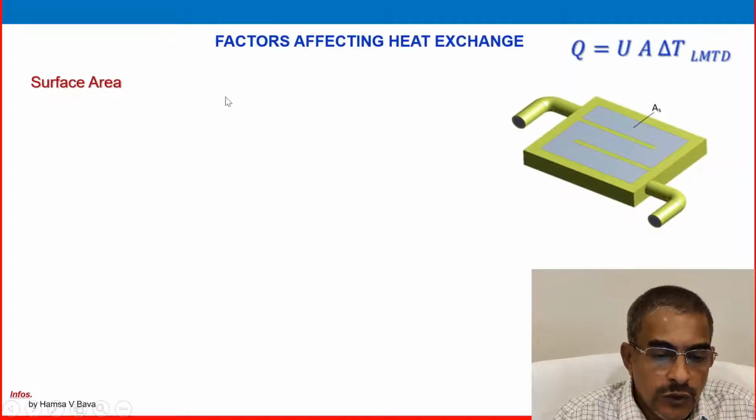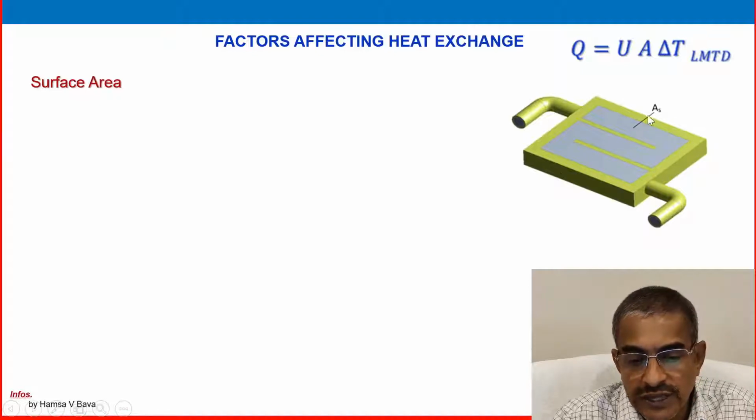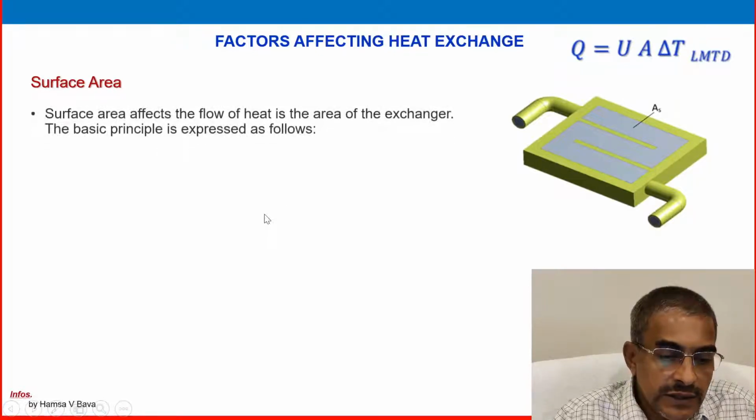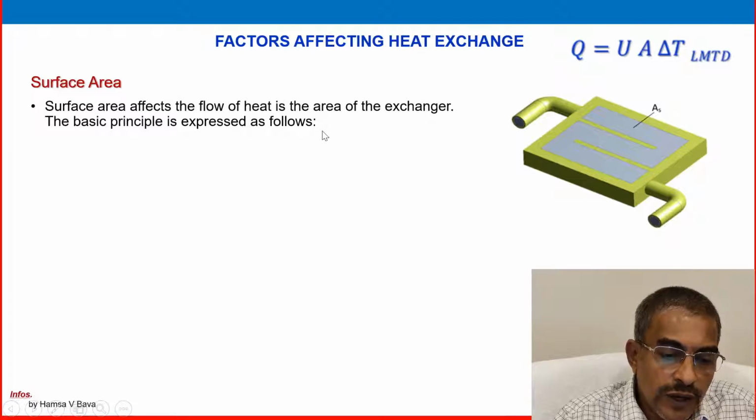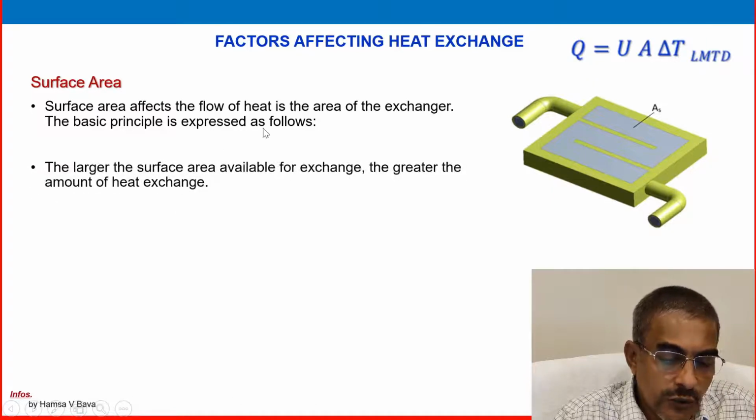The first one is surface area. Look at that one, a simple image is here to show the total surface area of a heat exchanger. The surface area that affects the flow of heat is the area of the exchanger. The basic principle is expressed as follows: the larger the surface area available for exchange, the greater the amount of heat exchanged.